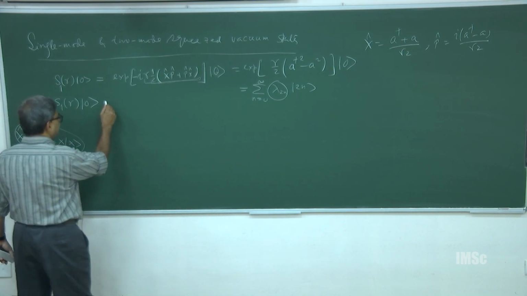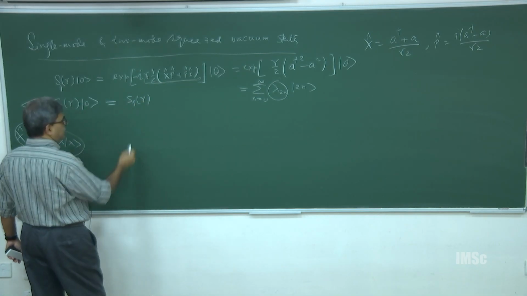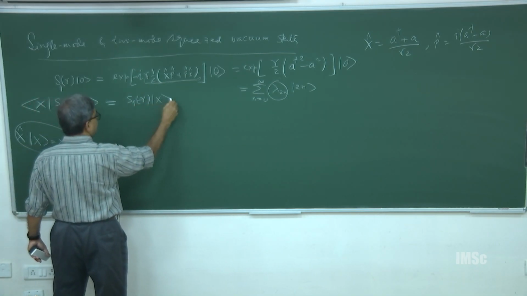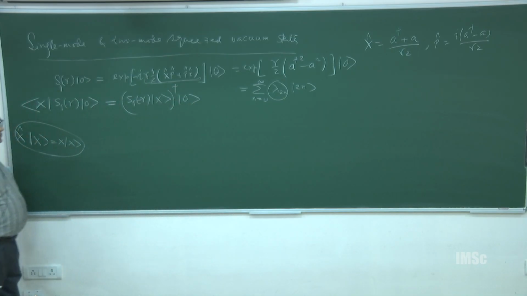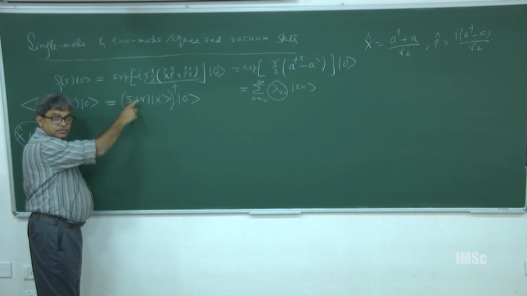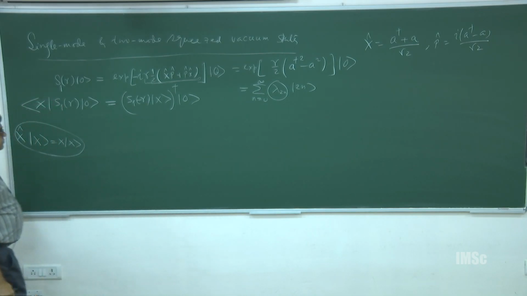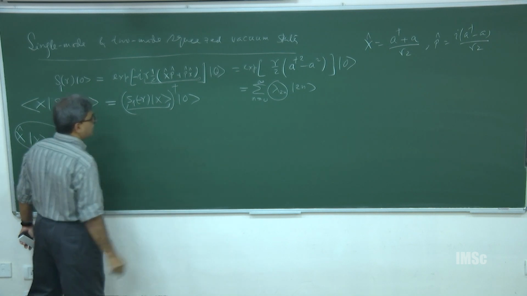This is S1 of minus R acting on x, dagger, 0, because the dagger of this is S1 of minus r. So I need to figure out what this one is.